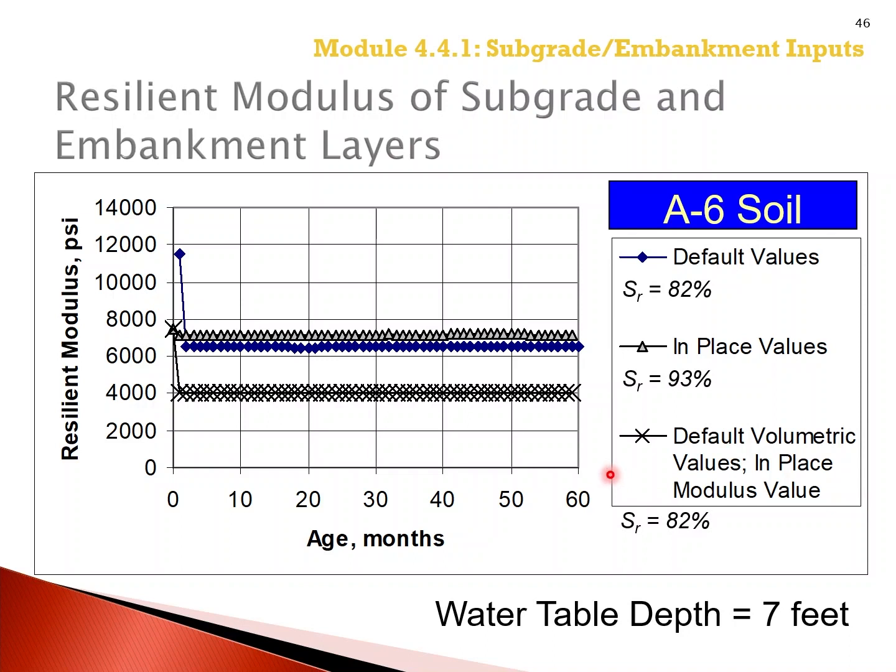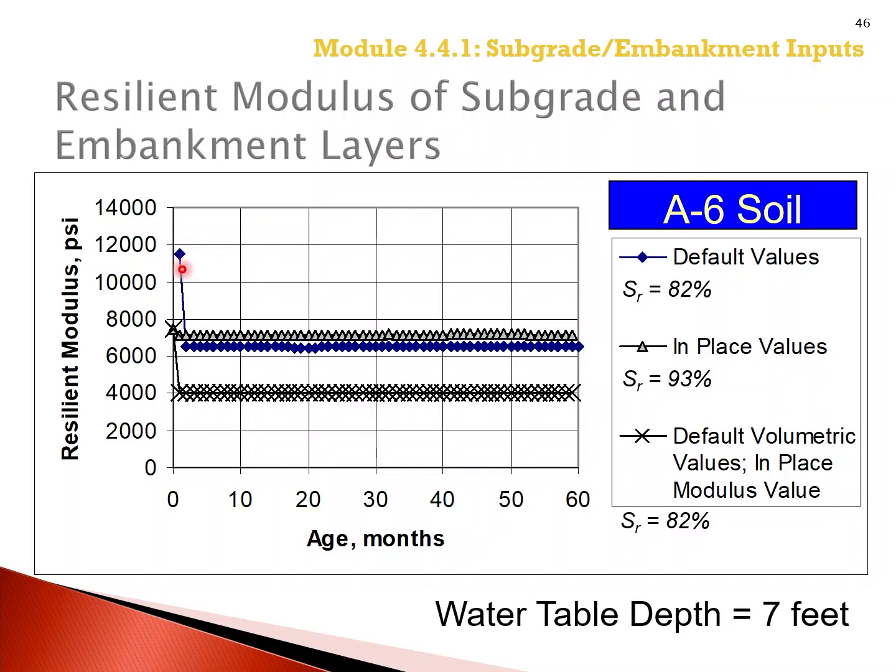The resilient modulus with age is simulated by the blue line and the diamonds and represents an 82% degree of saturation at construction. The resilient modulus goes from about 11,800 to a lower value of about 6,500.